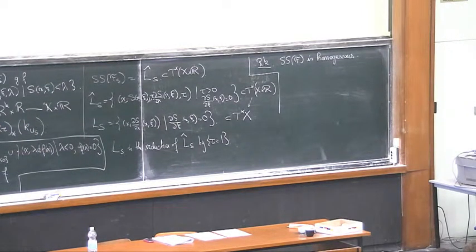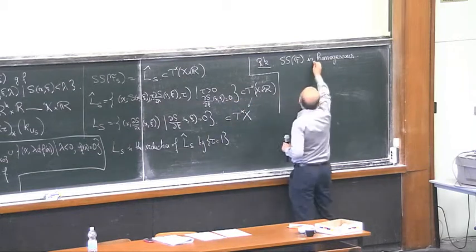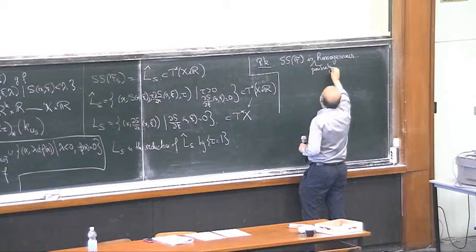If I change psi to lambda psi, well, I can just replace phi by lambda times phi, but then for lambda positive. So it's positively homogeneous, sorry. And then the set phi negative doesn't change, of course. So it's positively homogeneous.